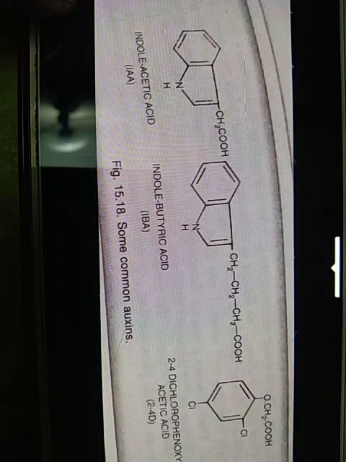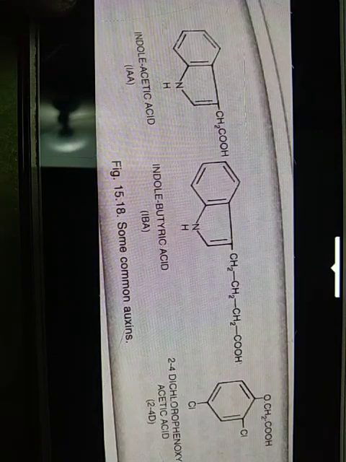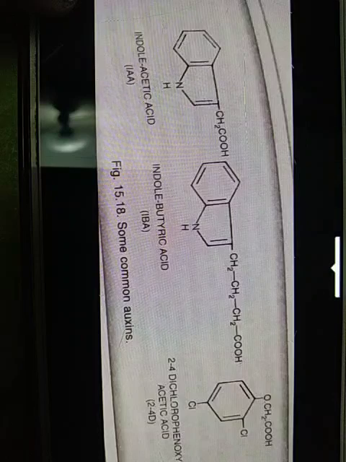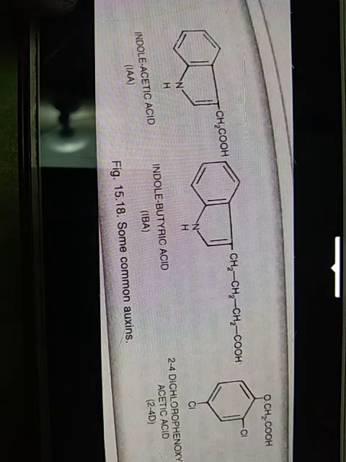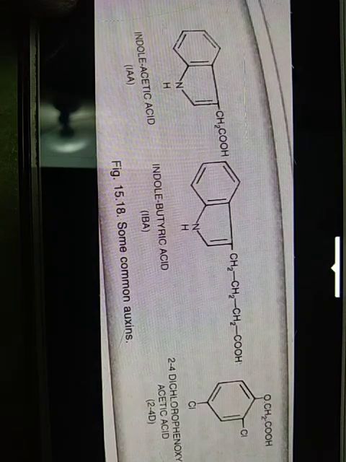The active form of auxin is free auxin, or auxin which can be extracted easily. Auxin which cannot be extracted easily except with the help of organic solvent is called bound auxin.